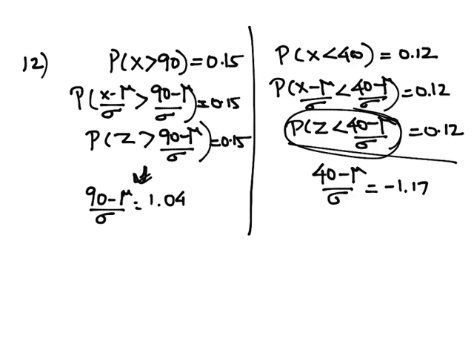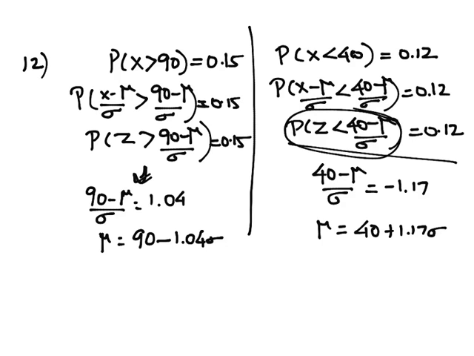So what you need to do is, if you simplify, you'll get mu as 90 minus 1.04 sigma, and here you'll get mu equal to 40 plus 1.17 sigma.